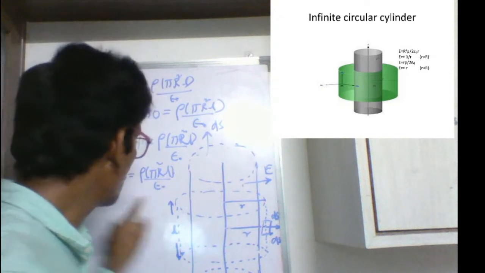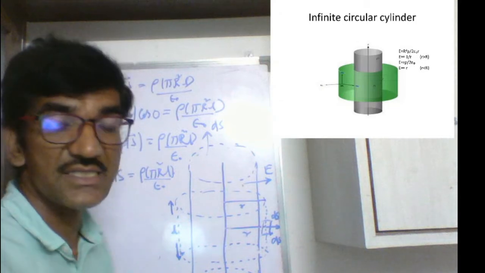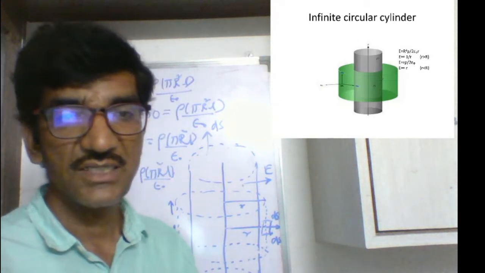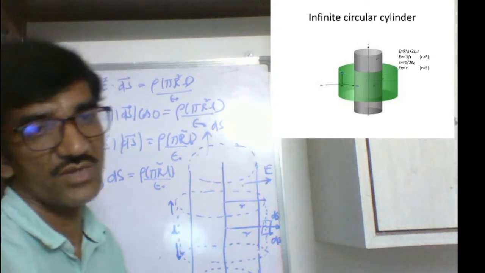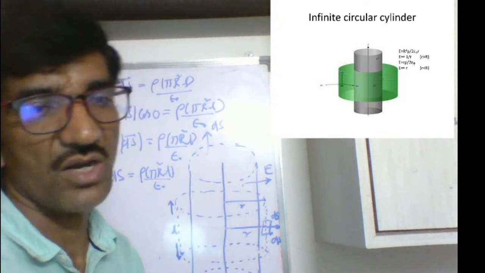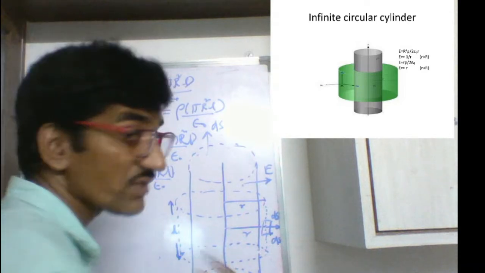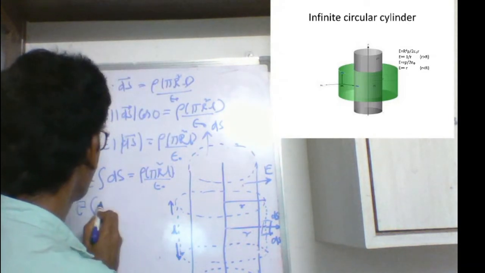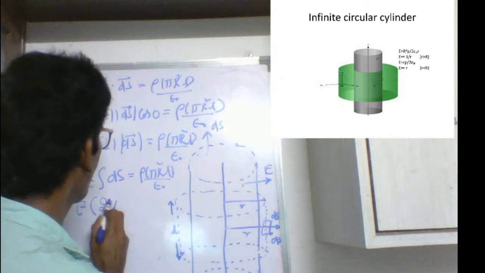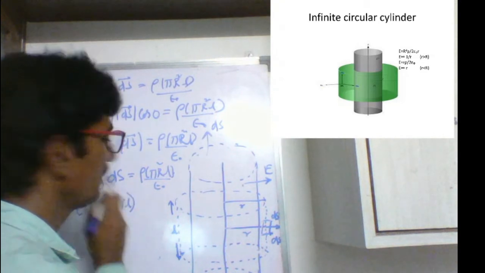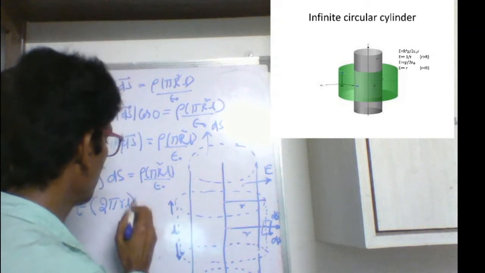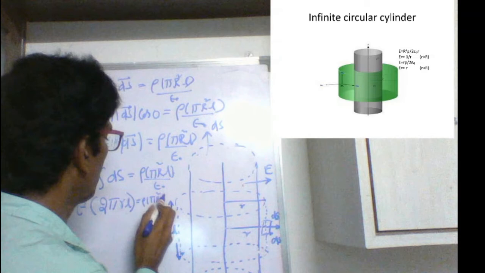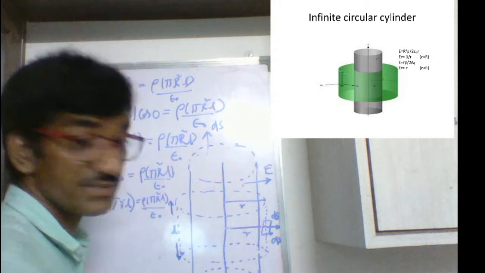So it is the total area of the lateral surface of the imaginary cylinder. What is the radius of the imaginary cylinder? Small r. The lateral surface area is 2 pi r L, where L is the length of the imaginary cylinder. This is equal to rho pi r square L by epsilon naught.